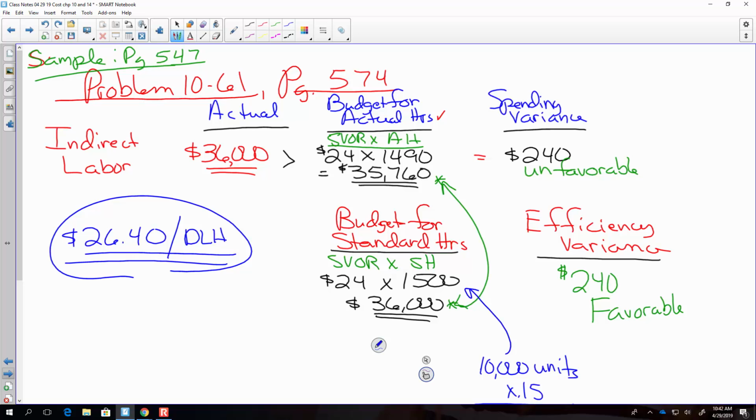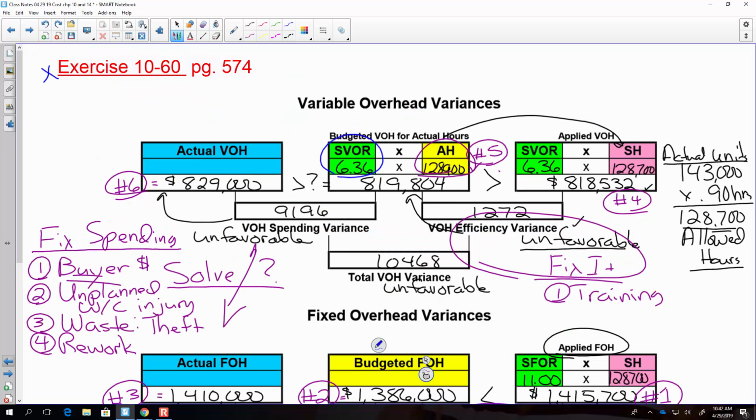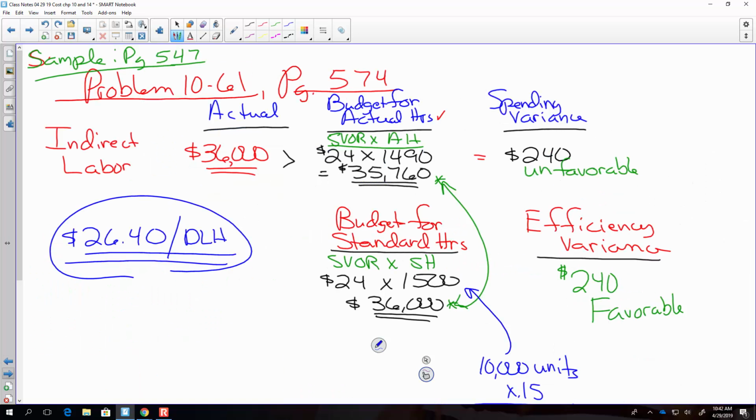Very good, Diane. Remember, over here, this actual overhead is made up of hundreds of items. And we all add them up. All their variable rates are added together, and that's how we get this number. Whereas here, we're looking at them by line item. So that's the difference. So for supplies, right, my SVOR is what? 240. The 240, if I were just looking at supplies instead of the $24.